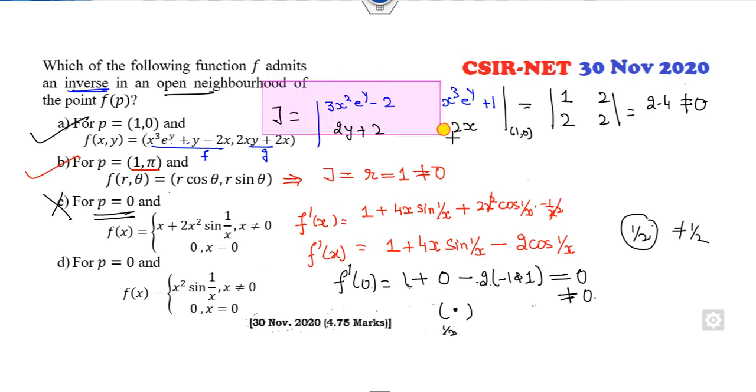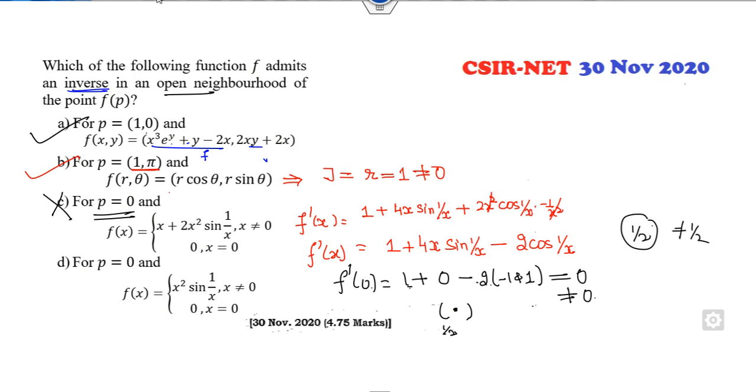Look at the last option. Again it's a single variable. If I find the derivative, it is 2x sin(1/x) minus cos(1/x), and the point is my 0. What is f dash 0? This value is 0.